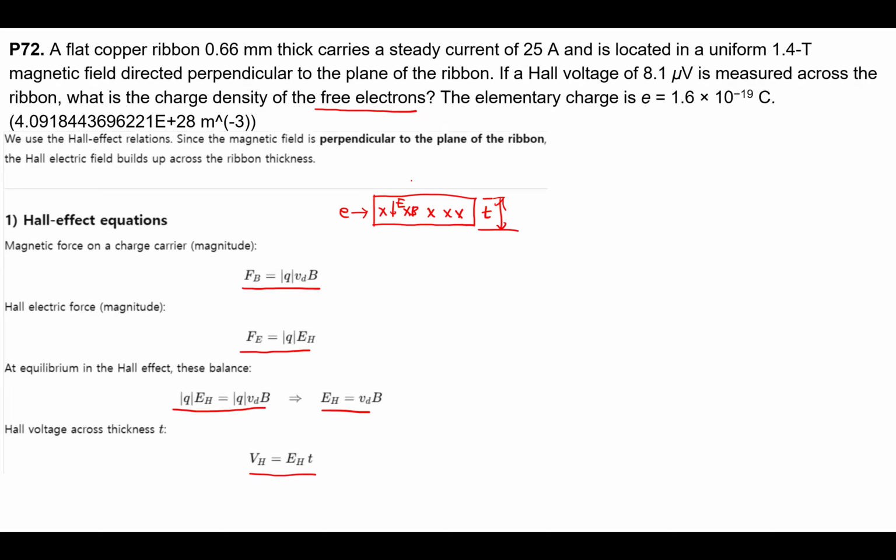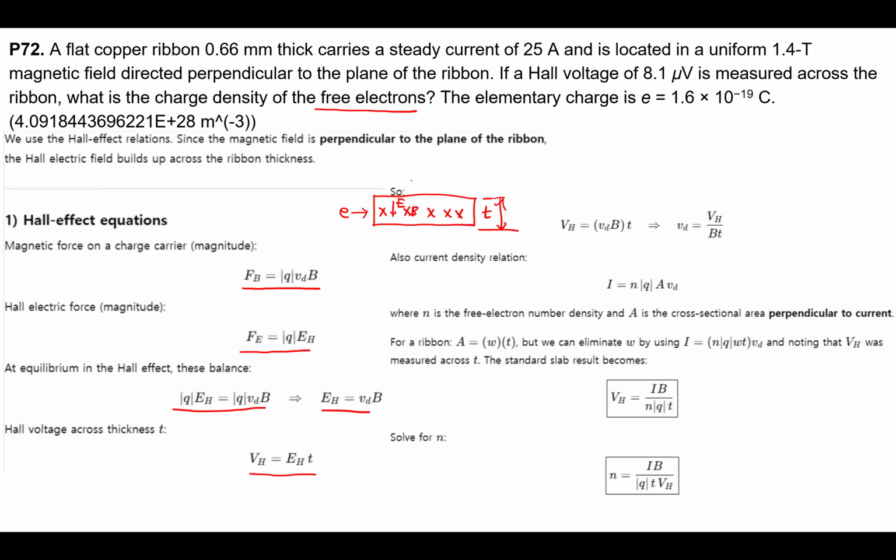And then now let's try to find out what else we need to figure out. So in this case, we note that the Hall voltage is given by this one. This is E. And then our velocity is given by this one. Okay, so this is the drift velocity. And this drift velocity is directly related with the current.